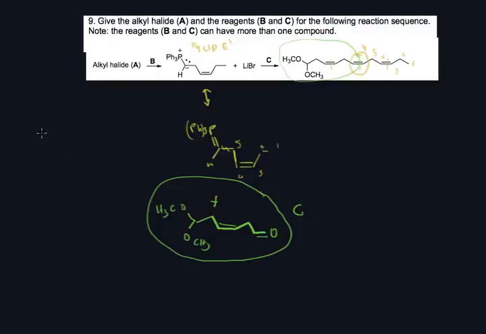I honestly just had to study this problem a little bit and see that the alkyl halide, if I have a bromine that looks like this, and if I make B Ph3P, then I know that these electrons right here will do an SN2 reaction with the bromine, kick it off and form this product right here.